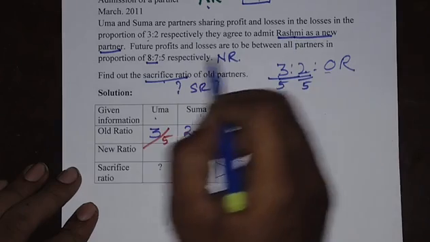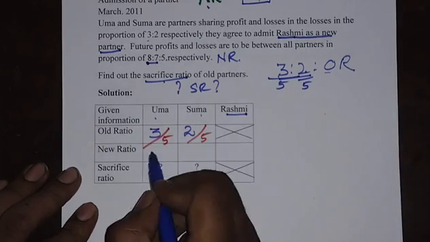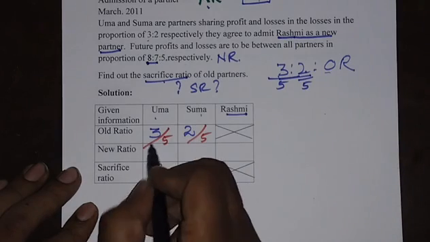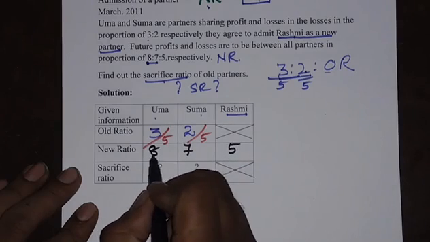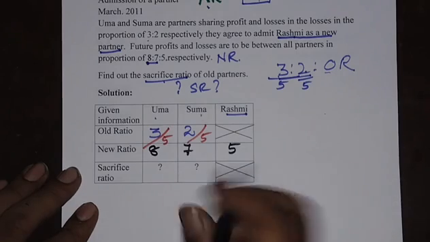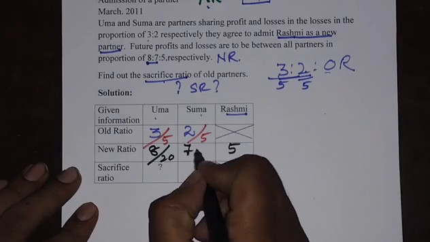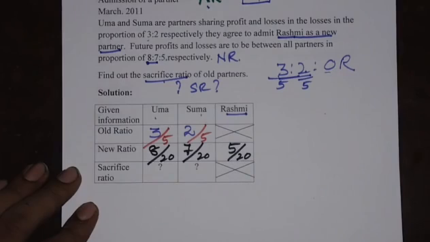After admitting Rashmi, the new profit sharing is 8:7:5. 8 plus 7 is 15, 15 plus 5 is 20. So, 8 by 20, 7 by 20 and 5 by 20.